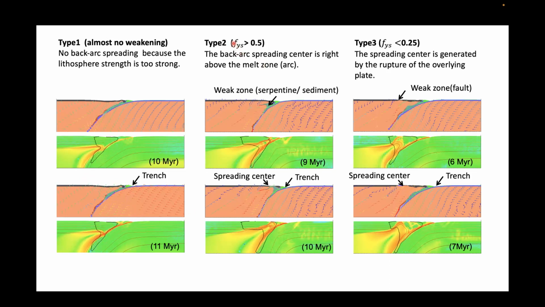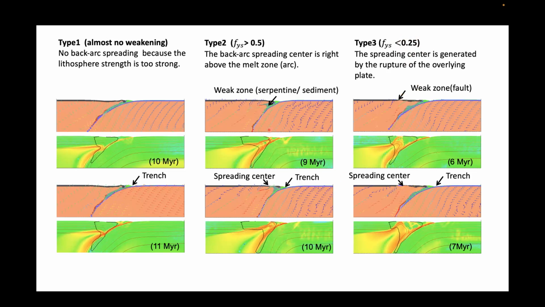With a big enough weakening due to the yield stress, we start to see the back-arc spreading here, and this will generate new magma in the back-arc setting. And if the weakening in the yield stress is very severe, less than 1/4, then we can have back-arc spreading that happens quite far away from the subduction trench.